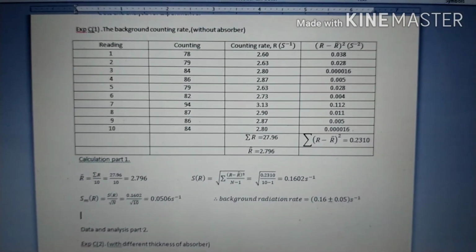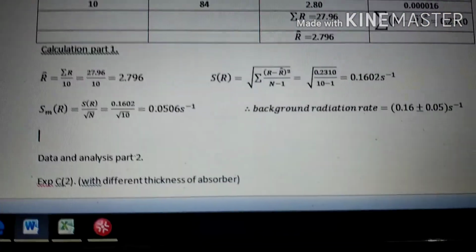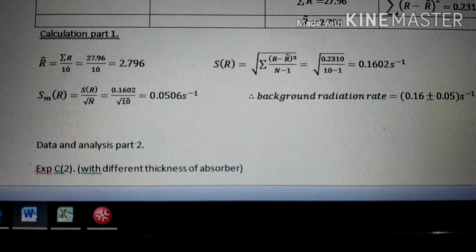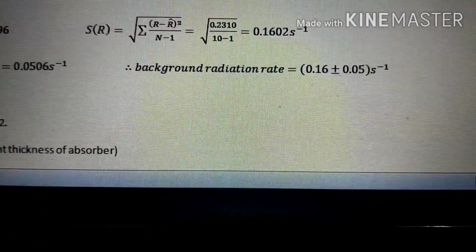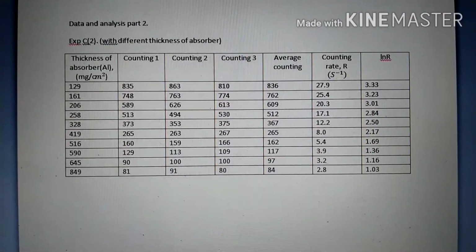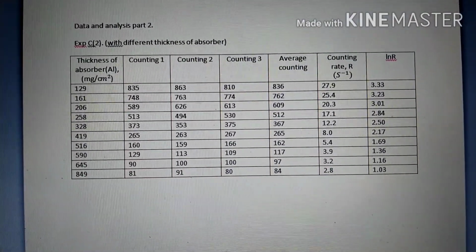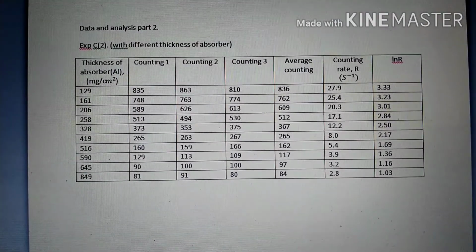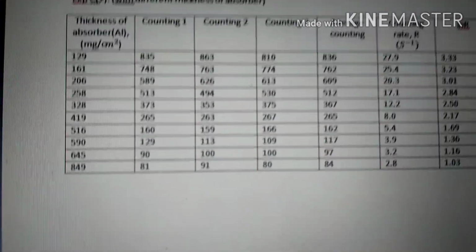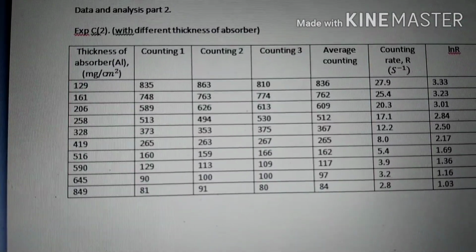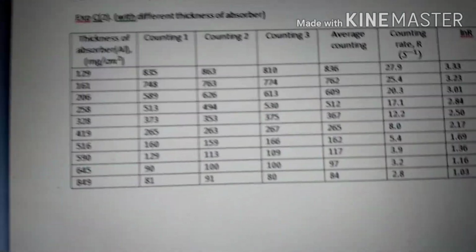So we have to construct this table and then do the calculation part to find the background radiation rate and the error. After that, we make another table for data and analysis part 2 with different thicknesses of absorber. We can see the thickness is from 129 until 849.